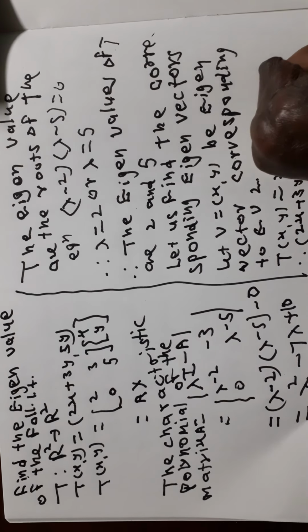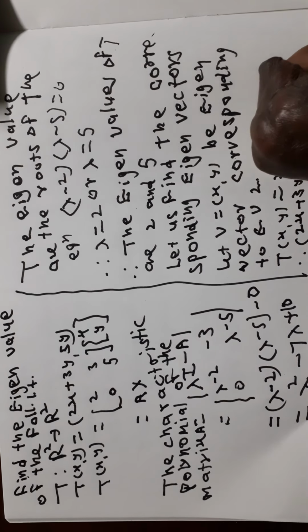And 5y is equal to 2y. Therefore y is equal to 0, and therefore (x, 0) is the required eigenvector.